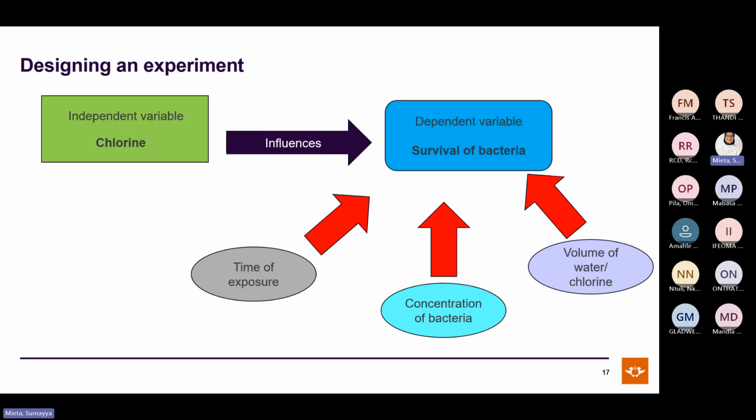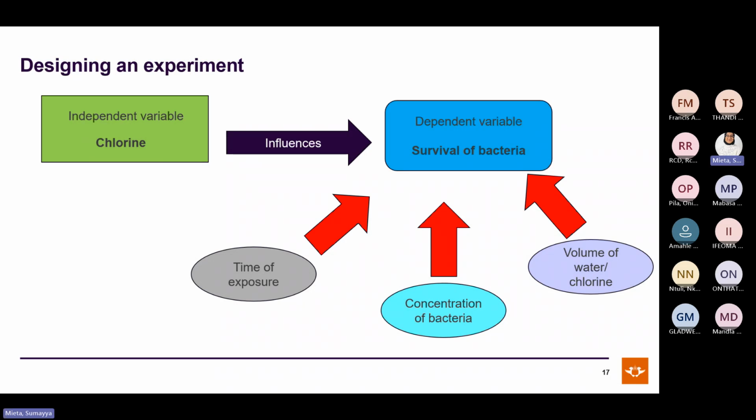And the influence that it has on the dependent variable is the survival of the bacteria. Can these bacteria survive? And then if you look at the three arrows in red, those are the environmental factors, okay? Or they could be those external variables that could influence the outcome. The time of exposure will influence our result, because if you take the chlorine and you add it to the water and you leave it there only for 2 seconds, you might say that, oh, but we still have 90 bacterial cells growing.